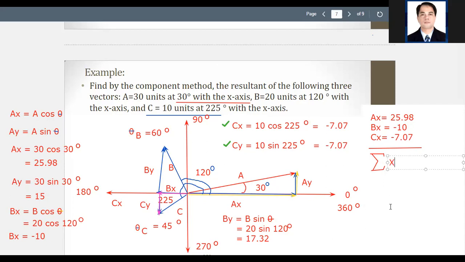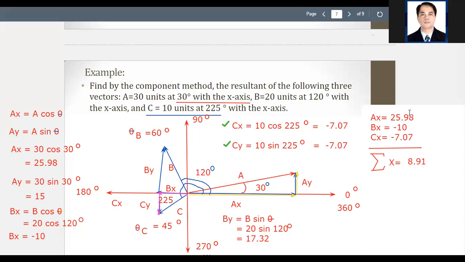Now, will you add up for me x, guys? Adding up all the values of x, because we have already identified each x value. Adding them up means 25.98 minus 10 minus 7.06 leaves us with a value of 8.91.